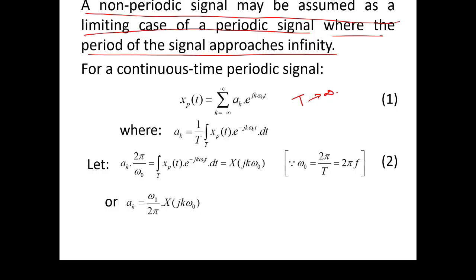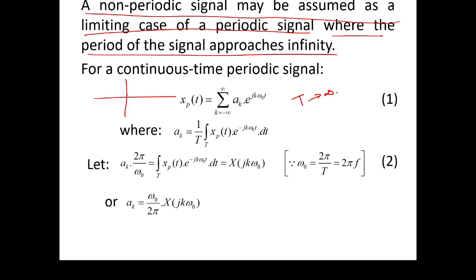So with this assumption we start. Say for example, if you take a periodic signal, since it is ever continuing, at capital T tending to infinity also it will be periodic. I don't know whether you got my point or not.